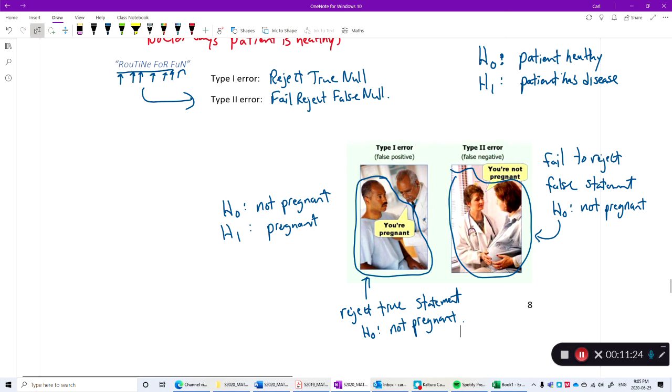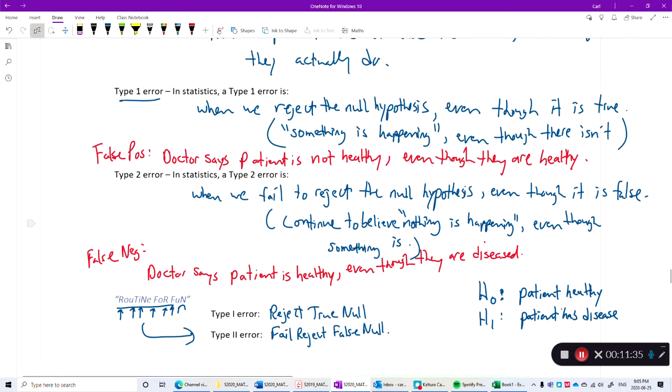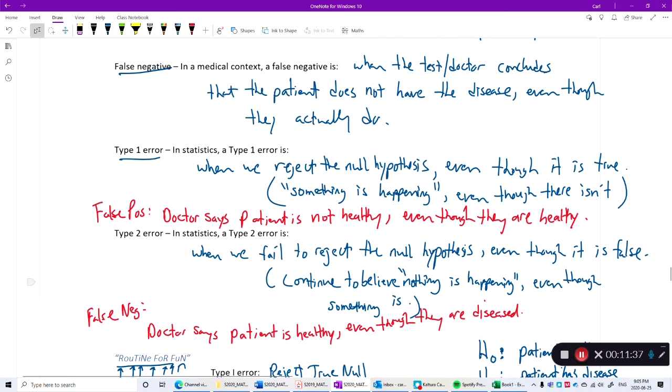Okay, now what's worse, a type 1 error or a type 2 error? Well, it depends, but often, let's think here. What's worse, a false positive or a false negative? A false positive is if you say, you have this disease, we have to start treating you, even though you don't have it.